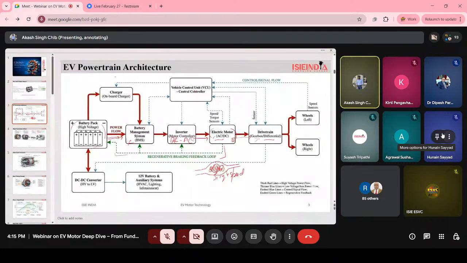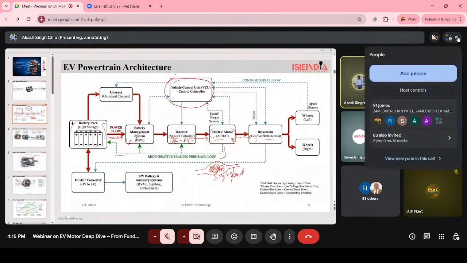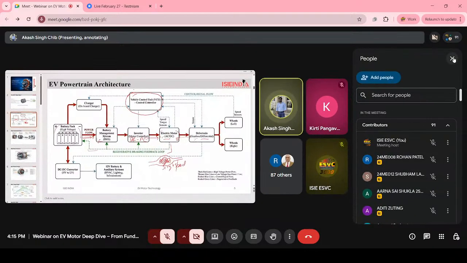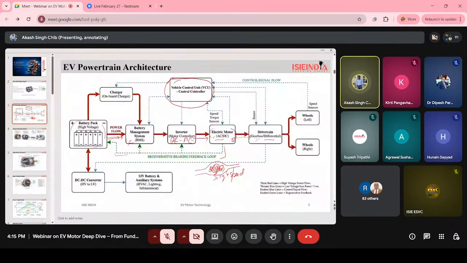And this is the vehicle control unit. Basically, we call it the brain of our electric vehicle. Its function is to give commands to the auxiliary systems in our EVs. It controls the motor, inverter, battery.